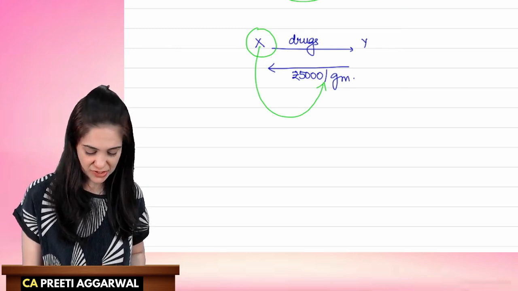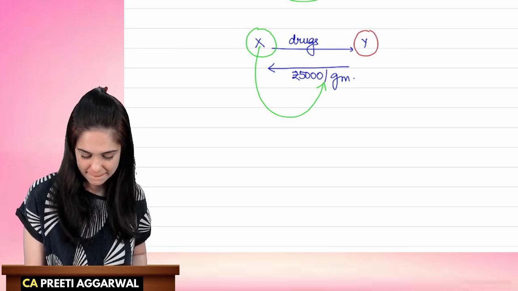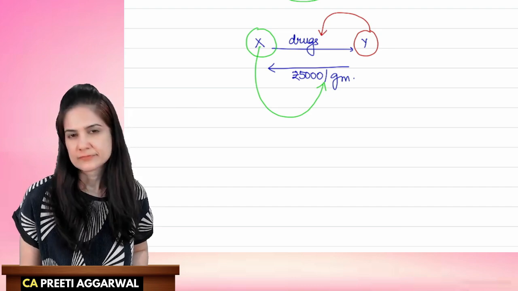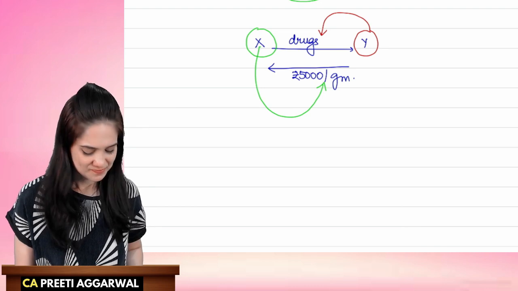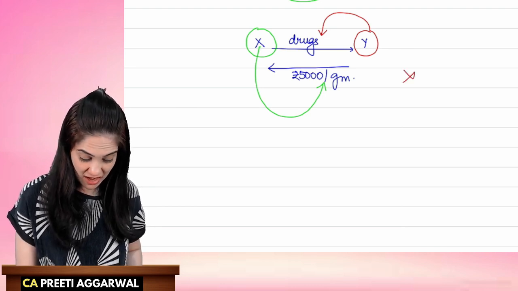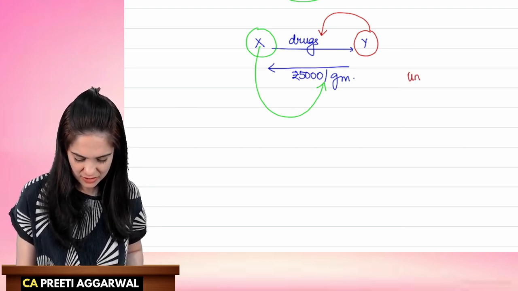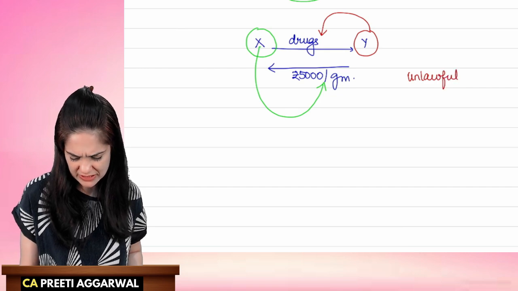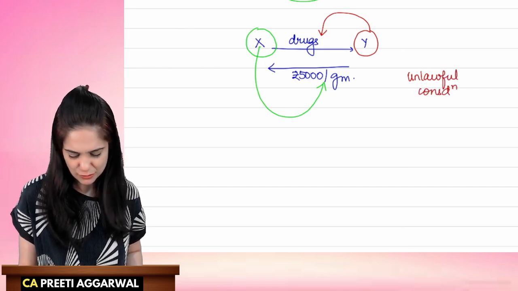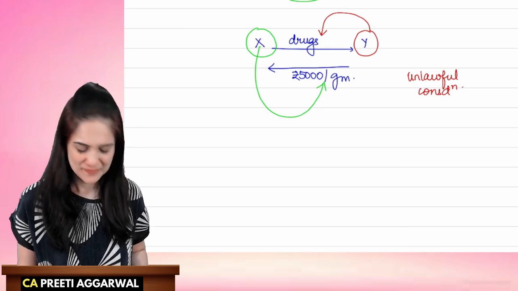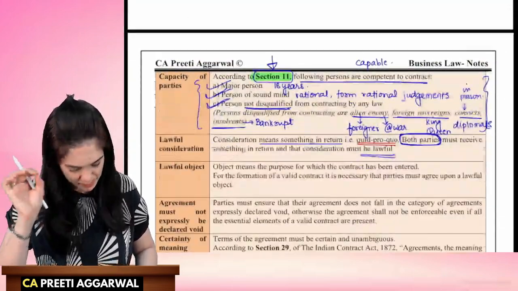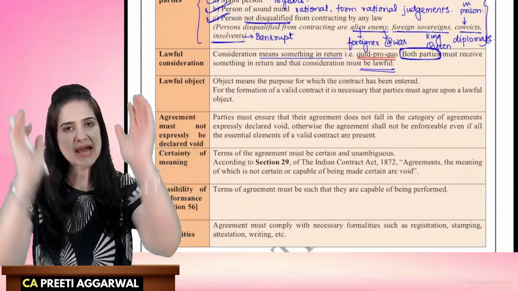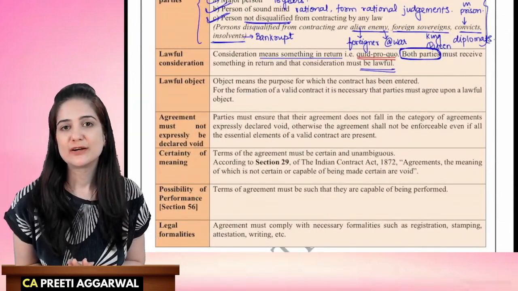And what is the consideration for Y? Drugs. There is consideration for both the parties, but is it lawful? No, this is unlawful consideration. Will this be a valid contract? No, not a valid contract. So consideration must be lawful. So there must be consideration for both the parties, and this consideration must be lawful.